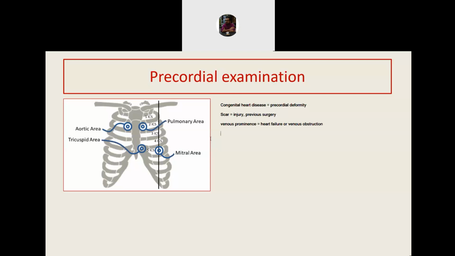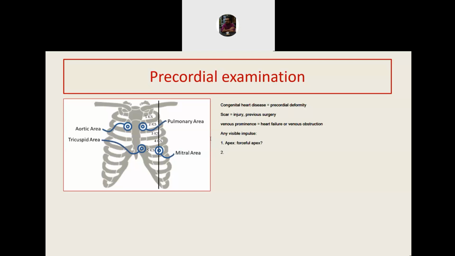After these are done, you look for any visible impulse. Visible impulse means any pulsation in any part of the chest. So what are the areas that you should see? Check the apex. If there is a forceful apex, then there may be an apical pulsation, for example, in left ventricular hypertrophy.